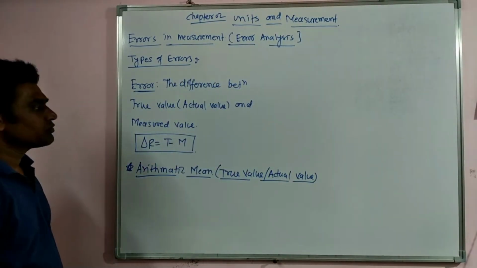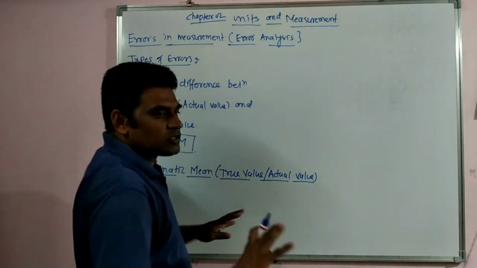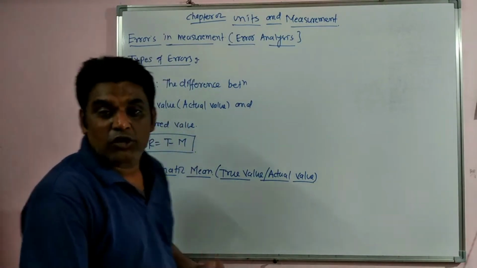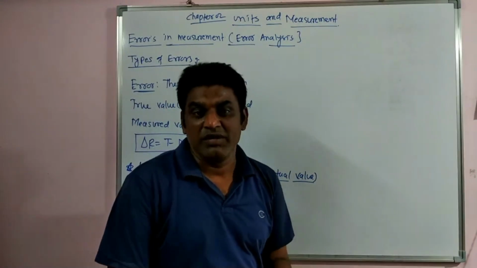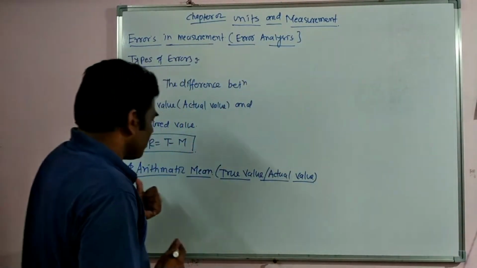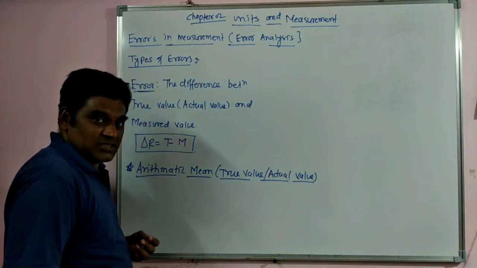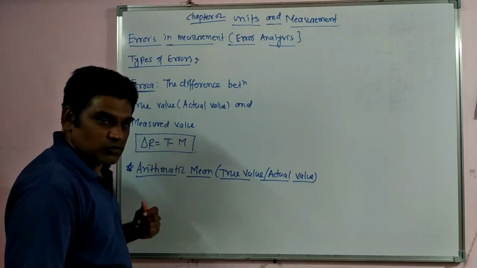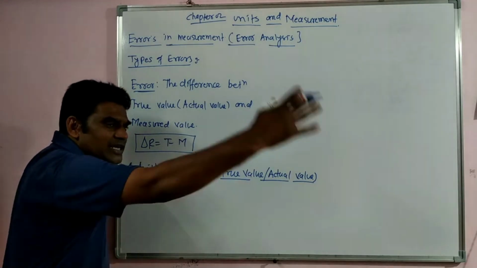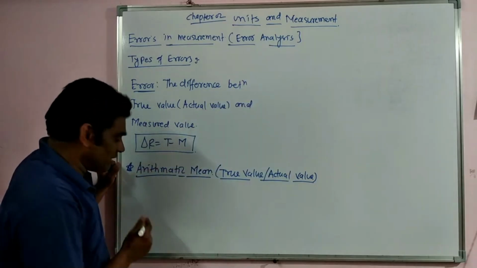So what we will do, if you want to measure the length of a rod, or any measurement, any physical quantity, it may be fundamental, it may be derived, anything. We will take many readings. In the previous lecture also I told you how to find the true value. You take a number of readings and take the average of that.